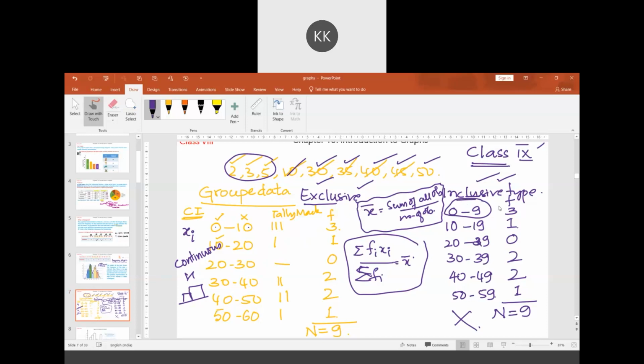We have to add 0.5 to the upper range, means 9.5. Here you have to subtract 0.5. It becomes 9.5. Then it becomes a continuous one. This will be 19.5, 19.5, 29.5, 29.5. There is a method to convert that. I understood a little bit. Yes, sir.